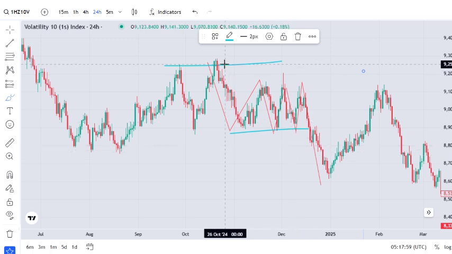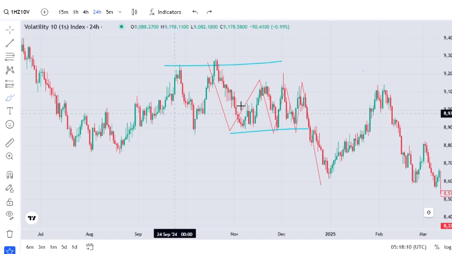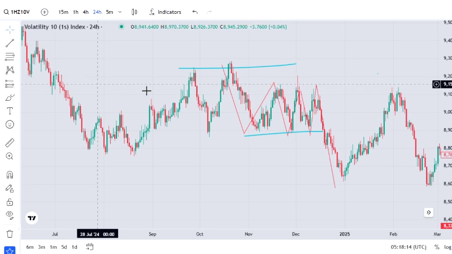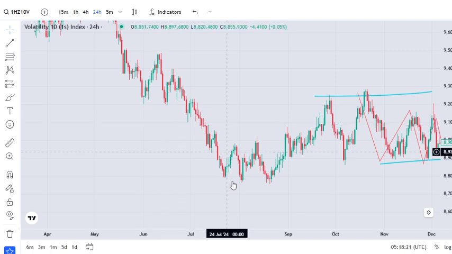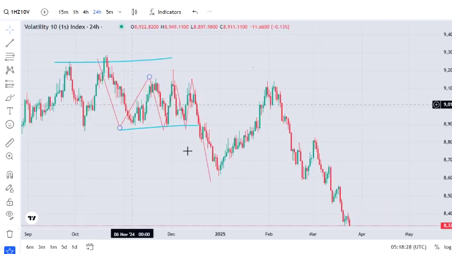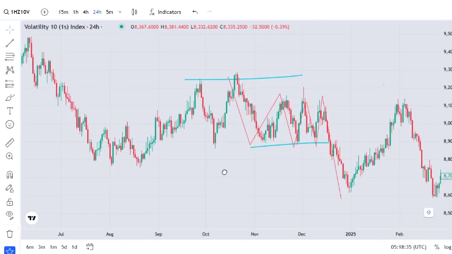For example, in this particular move, we see the market consistently try to break downwards. The market kept on targeting liquidity below these lows. It reversed a bit and kept on going downwards, kept on attacking liquidity to the downside, because it's in a bearish market.